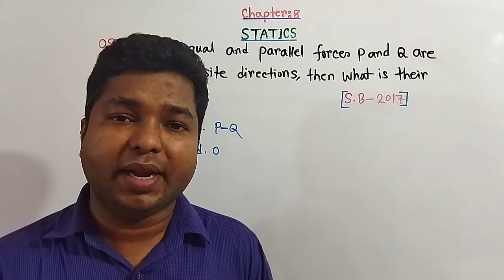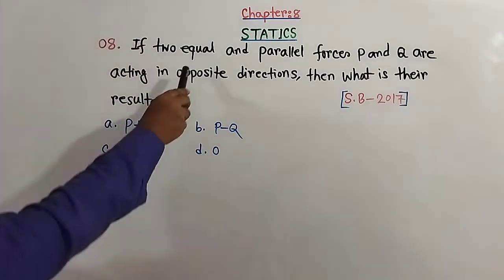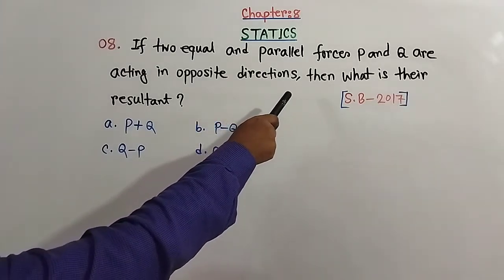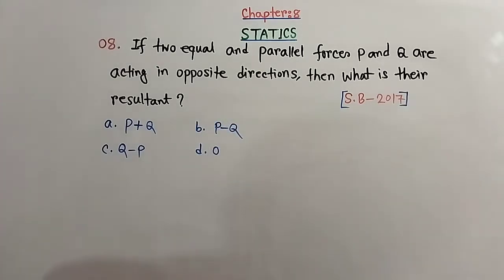Now question number 8. If two equal and parallel forces P and Q are acting in opposite directions, then what is the resultant?